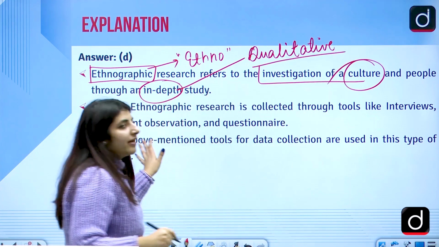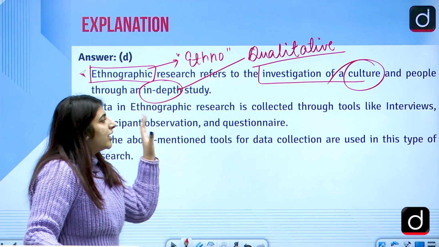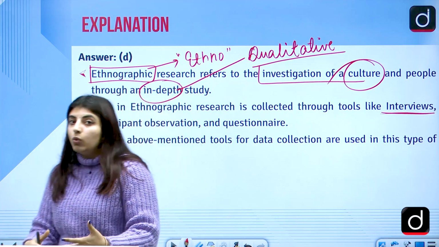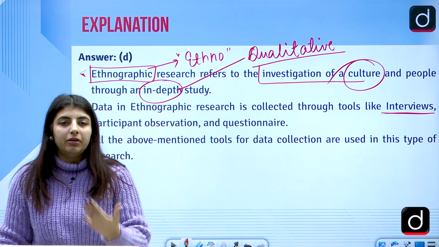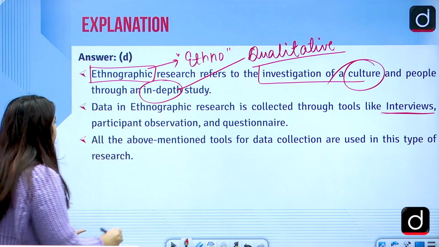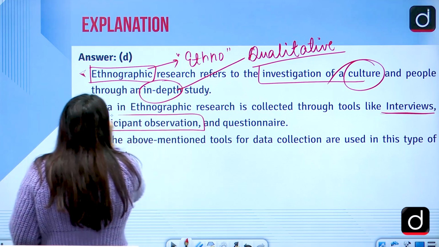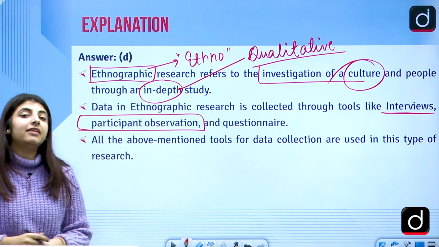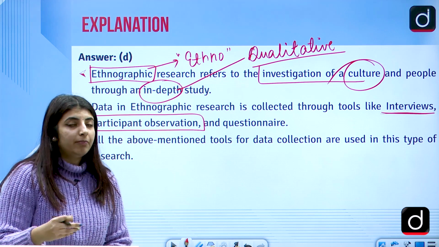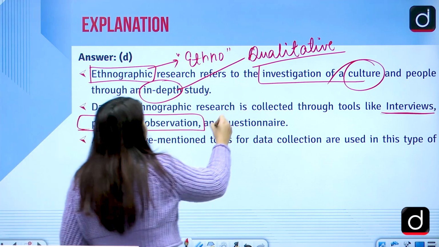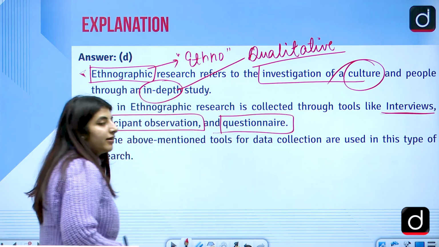Correct? And whatever data you collect in this very research can be collected using the tools: interviews, right? You can conduct interviews of people by gathering the information, having a one-to-one conversation with them. Participant observation, you can stay with the people of that ethnic culture, the group which is there, and you can observe them, or by giving them a questionnaire, correct?